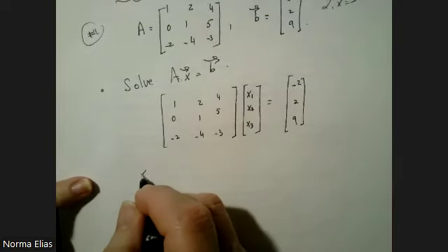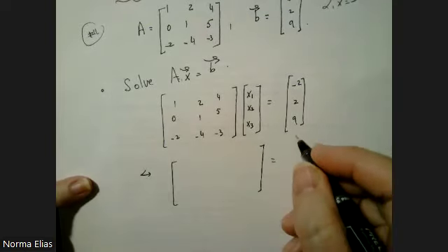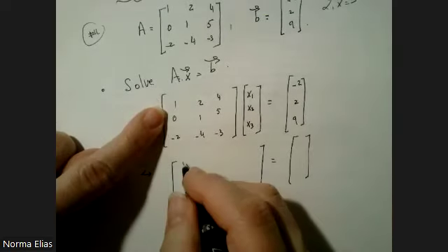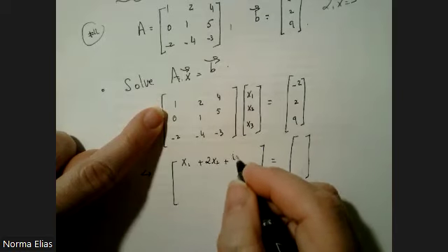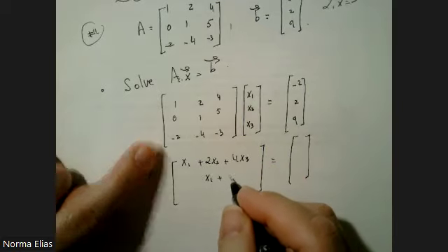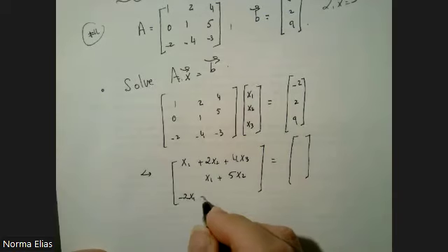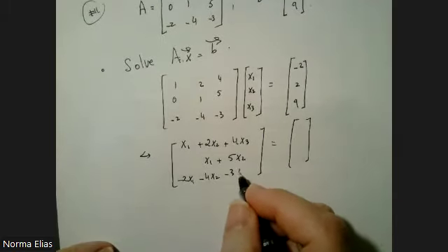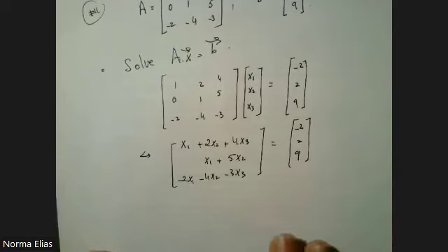So solving this is equivalent to solving the following. I can use either definition to multiply. The row column is easy for computation. It means x1 plus 2x2 plus 4x3, and this gives me x2 plus 5x3, minus 2x1 minus 4x2 minus 3x3. This is equal to minus 2, 2, 9.